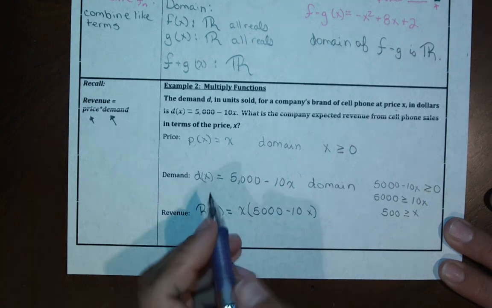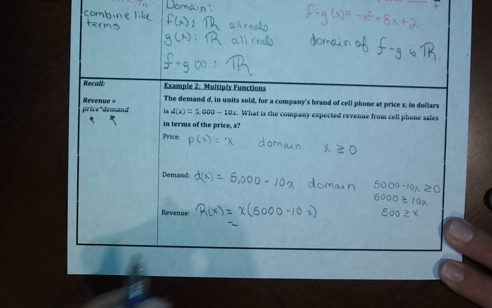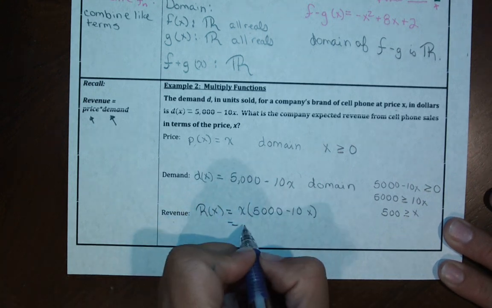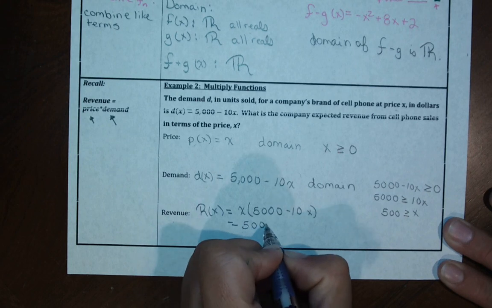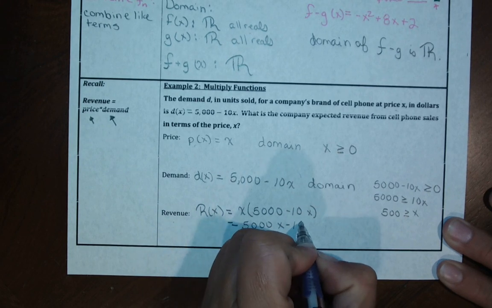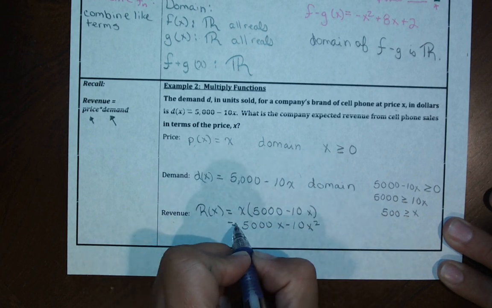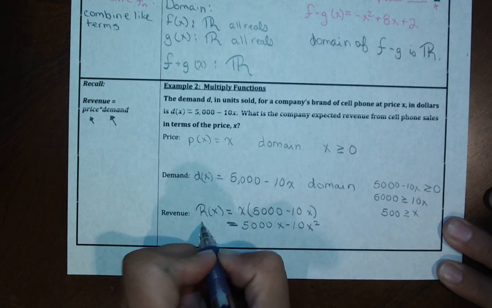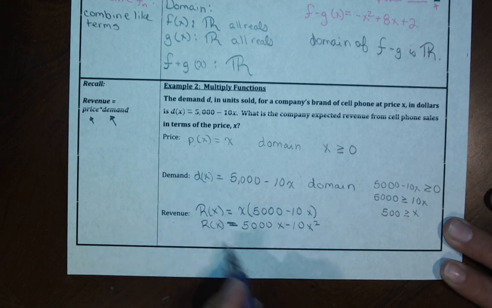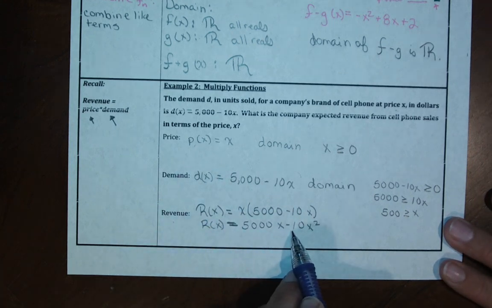Okay. Distribute that out, and we're going to get 5,000X minus 10. X times X is X squared. So my revenue, R of X, is 5,000X minus 10X squared.